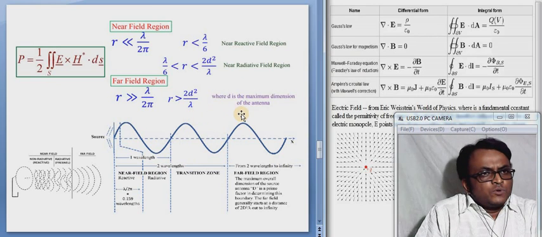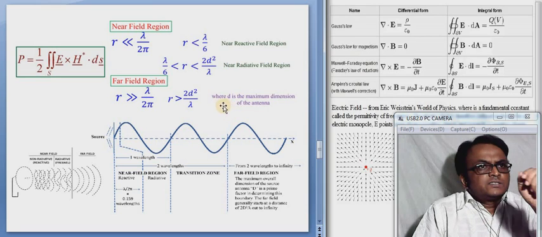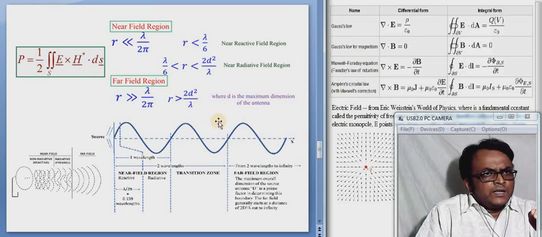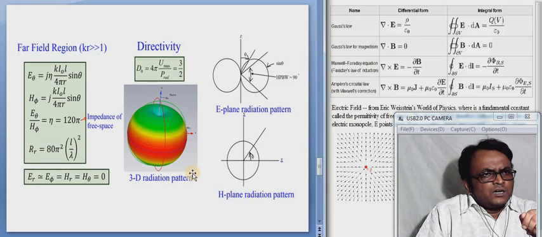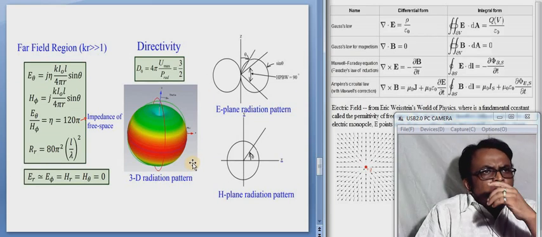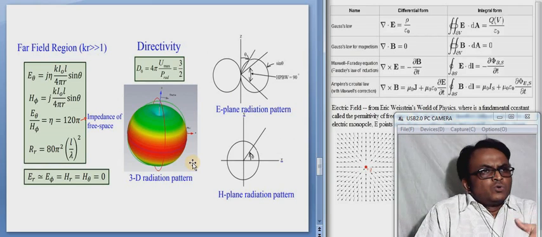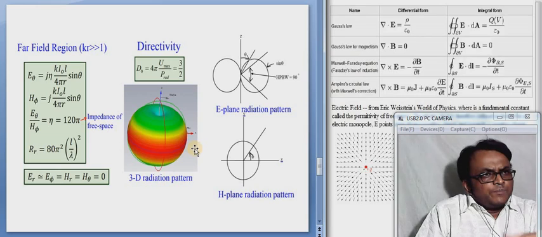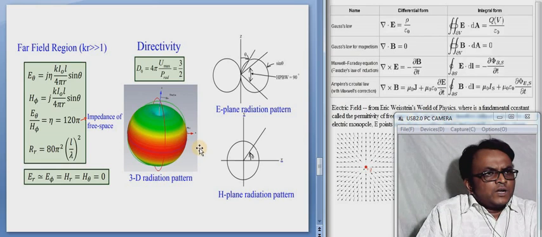For communication purposes, we are only interested in this radiative field pattern, because in the reactive field the pattern vanishes very quickly, as these terms are proportional to 1 by r square, whereas in the far field the pattern is predominantly 1 by r, so it goes far enough from the radiation field.